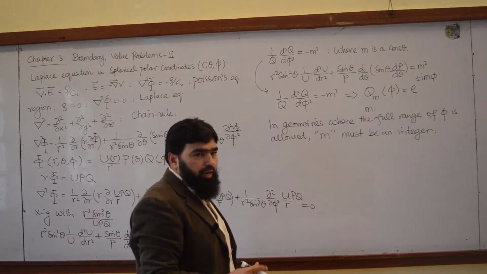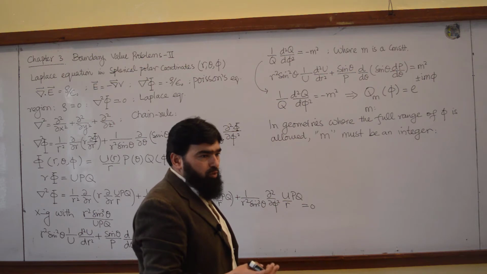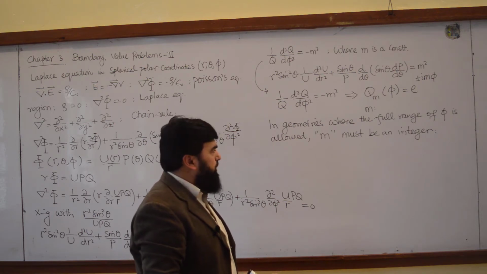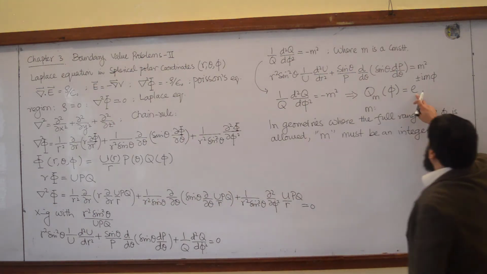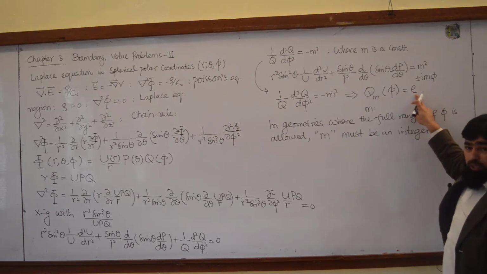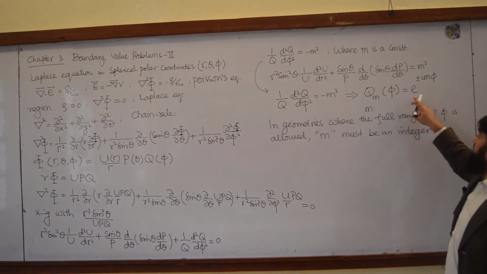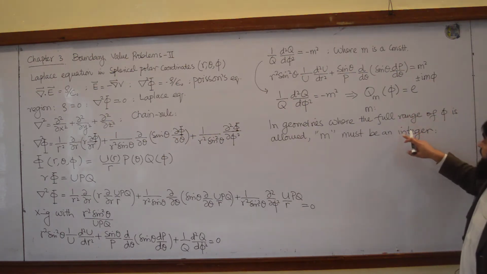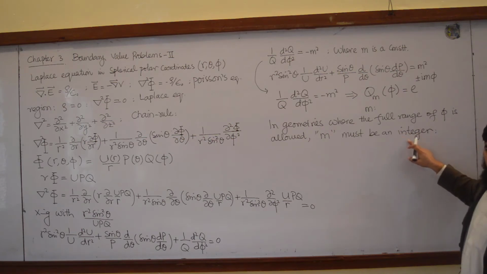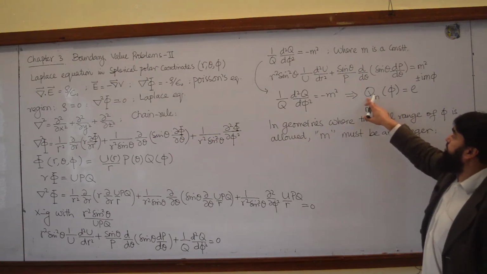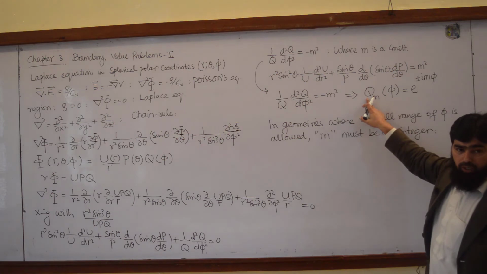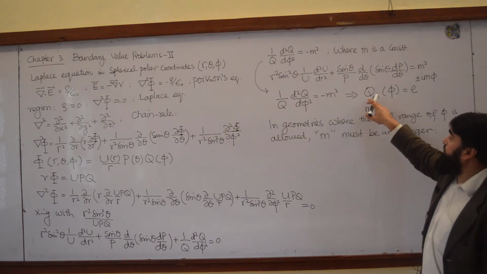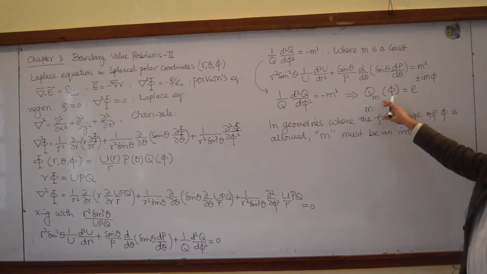Why? Integer means 1, 2, 3, not 1.1, 1.2, 1.3, because here it will be cos m phi plus sin m phi, and if m is not an integer, then you will have different values of this one. But if it is an integer, then you will have a single value.